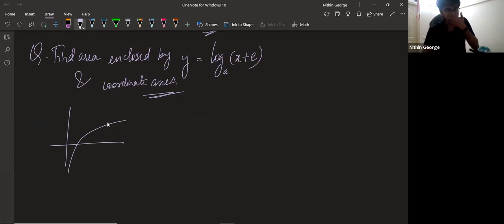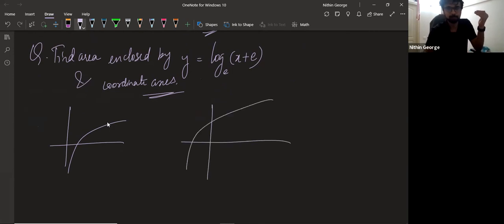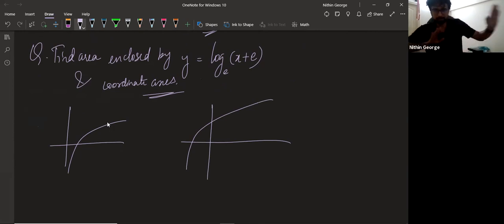When I say y equal to log of x plus e, we are moving it e units this way. So basically, it'll end up looking something like this. You're moving it to this side, minus e units. Okay. So you have to find this area. That's the game.